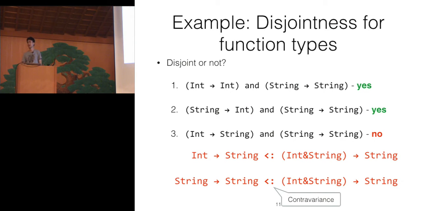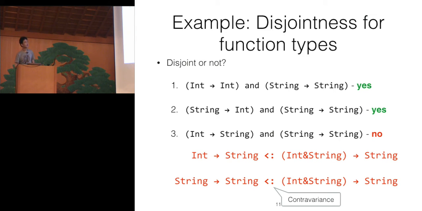So let's see some examples. On this page, there are 3 examples, and it's basically just functions between integers and strings. In the first example, the 2 function types are disjoint because you cannot find a type that is a common supertype of the 2. And the same applies to the second example. But the interesting part is the third example.